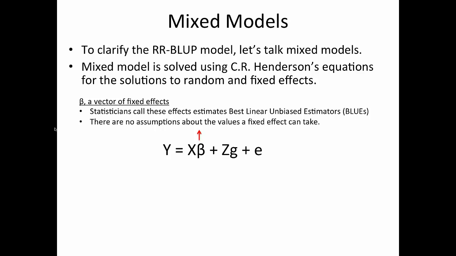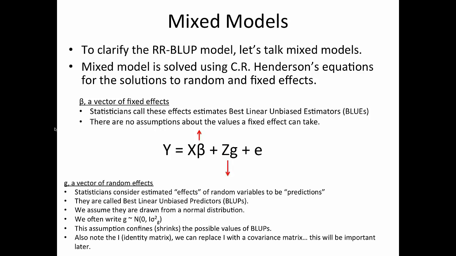And then you'll see the term BLUP to refer to the solutions to, or the estimated levels of G, which in this case are going to be your marker effects. So this is where the markers come in. They're called BLUPs, best linear unbiased predictors. You don't have to worry at the moment about exactly what that means.